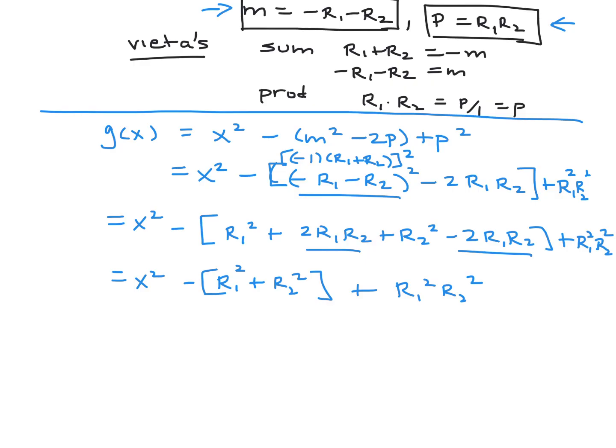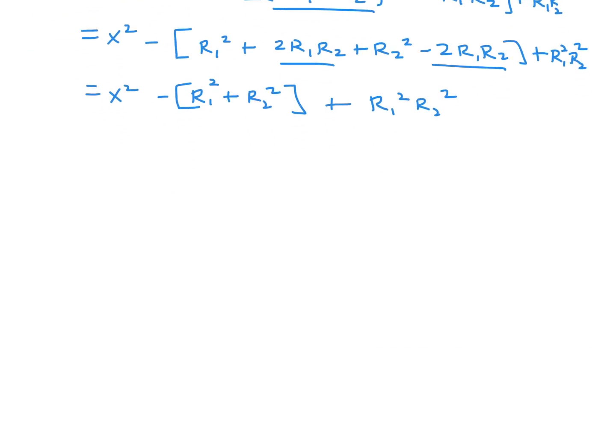Yeah, I think that's correct. I want to make sure I didn't mess up the algebra, because one mistake and the whole thing's gone. Okay, so far I think I'm okay. And then I have to designate some roots, so I'm going to call them K1 and K2.